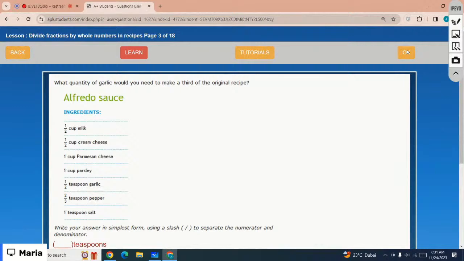Do the question, solve the question on your notebook and write the answer in the chat box. Which is the correct option? 1 by 2 divided by 3, which is the correct option. No one is answering why.